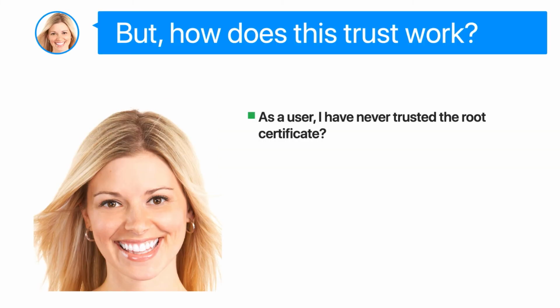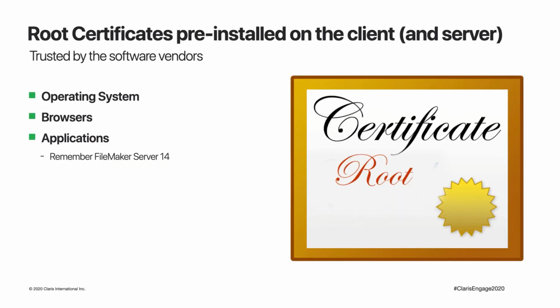But Emma's smart. But hey, wait, I never trusted these certificates on my machine. How does it happen that my computer just says, yes, I trust this certificate from this certificate authority? Well, root certificates are pre-installed on the client and the server.